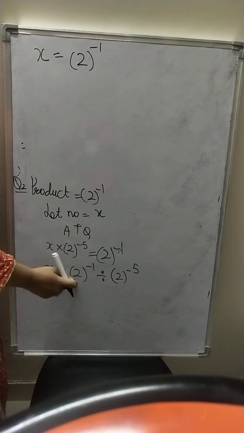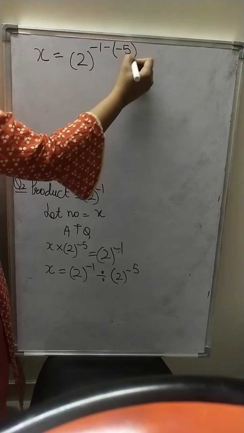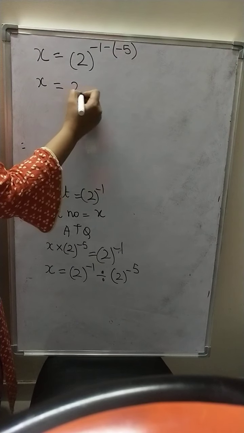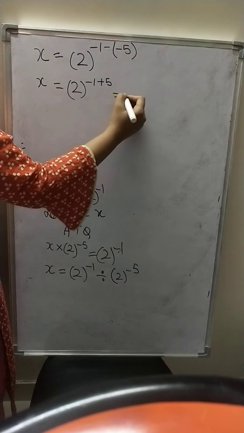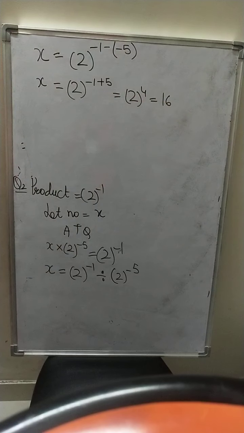Now it is divide, the base is same, so what will we do to the powers? Minus. I am using a bracket because again there was a negative sign. So x comes out to be 2 raised to the power minus 1 plus 5. So that is 2 raised to the power 4. The answer comes out to be 16. Or you can leave it at 2 raised to the power 4 also. Both ways it will be correct.